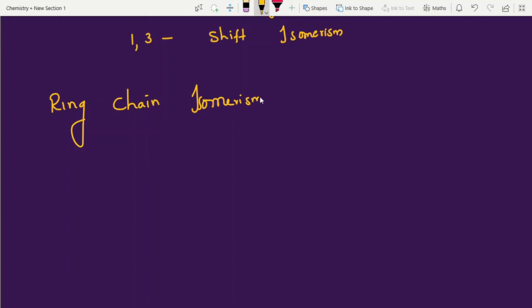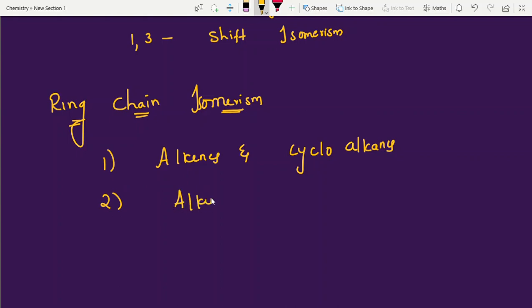Ring chain isomerism exhibited by alkenes and cycloalkanes. And alkynes. Only a few combinations I am writing. Alkynes and cycloalkenes.